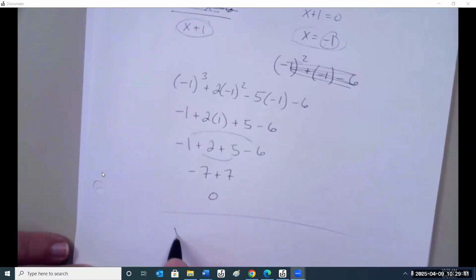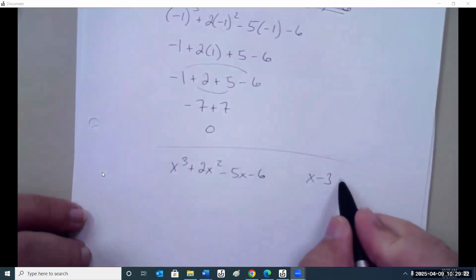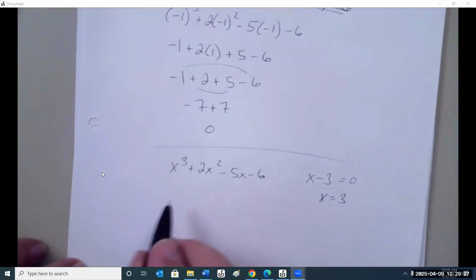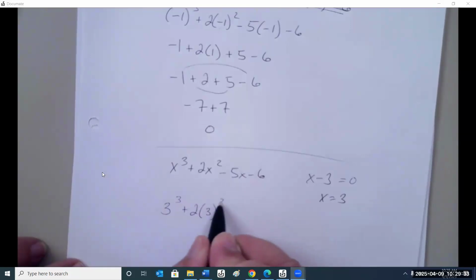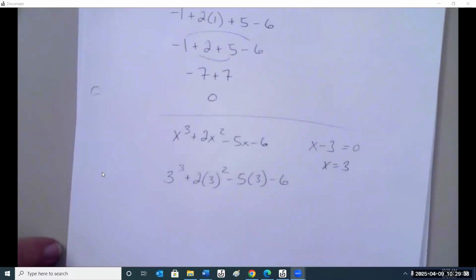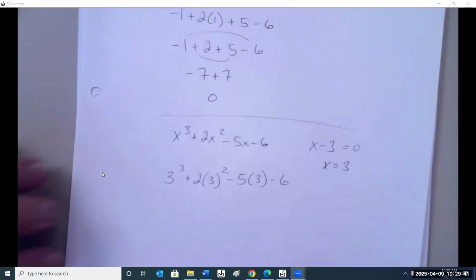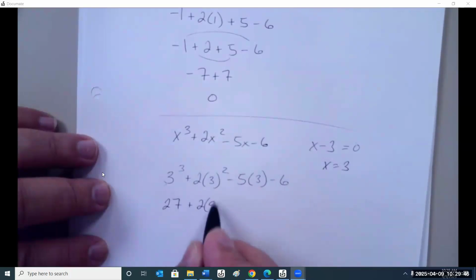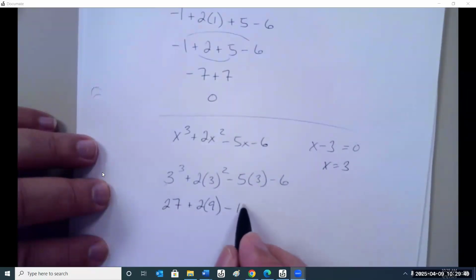So the same thing's going to work to see if this is a factor. Is x minus 3 a factor? Well, set it equal to 0, solve, and plug it back inside there. So 3 cubed is 27. 3 squared is 9. 5 times 3 is 15.